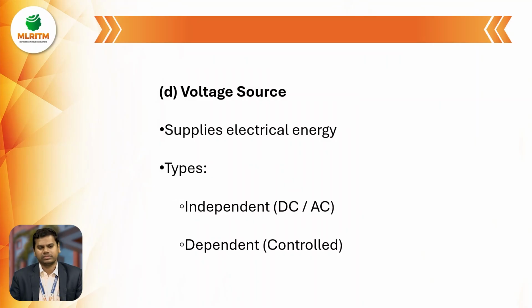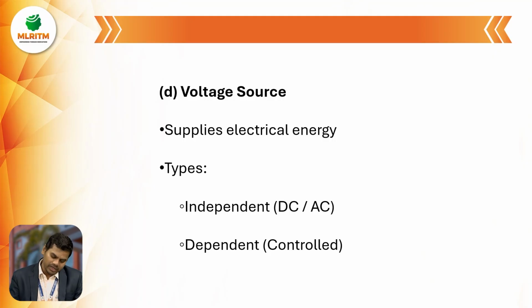Next, voltage source, generator, battery. These are all circuit elements. A voltage source supplies electrical energy, and the types are independent sources and dependent sources.